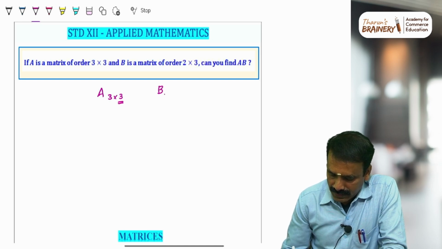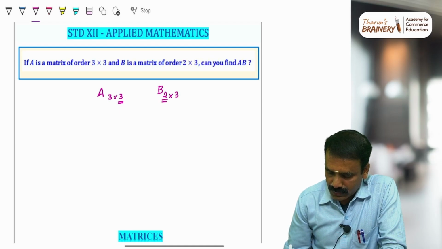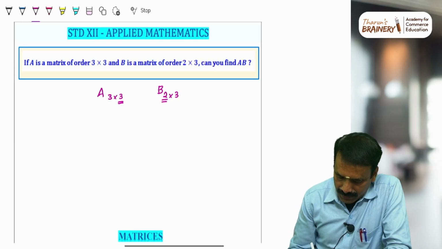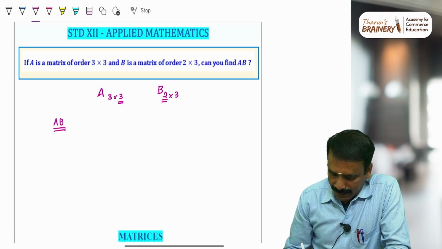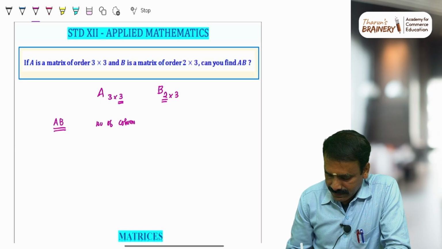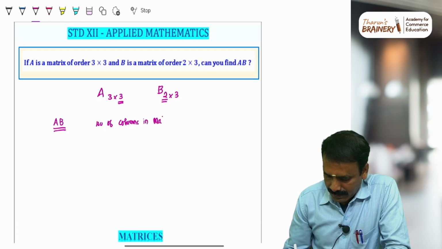B is a matrix of order 2 by 3, so it is going to have only 2 rows. To find the product AB, the number of columns in the first matrix A is 3.